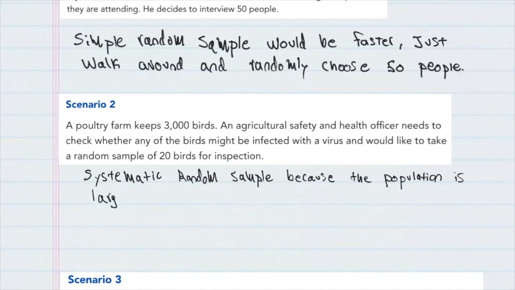And then how could we do that? Well, let's think. We need to have 20 birds inspected out of the 3,000. So that's 3,000, and we divide that by the 20 that we need, right? So that means that you check every 150 birds.